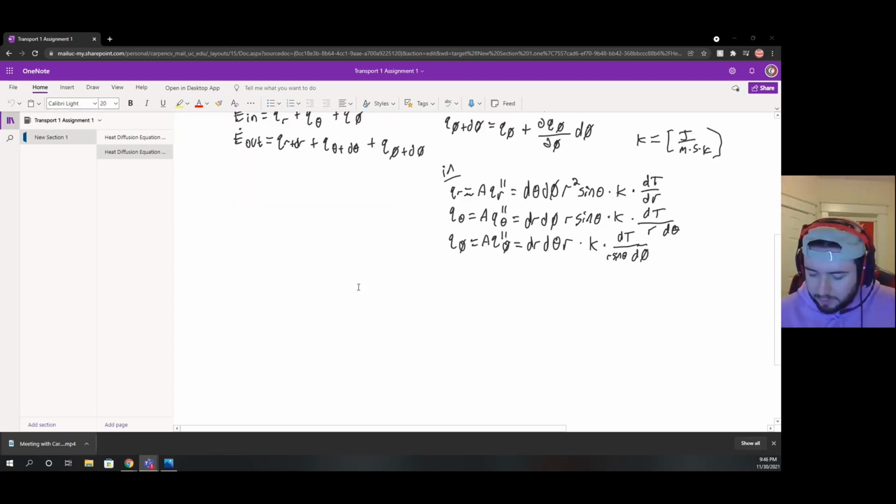So now I'm going to plug everything back into our main equation, and things are going to cancel out, and we're going to do the same division that we did with Cartesian coordinates, because the same concept applies here.